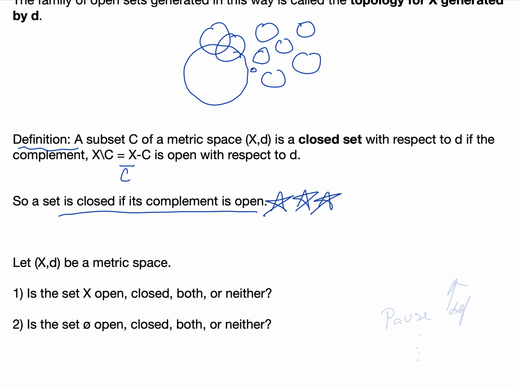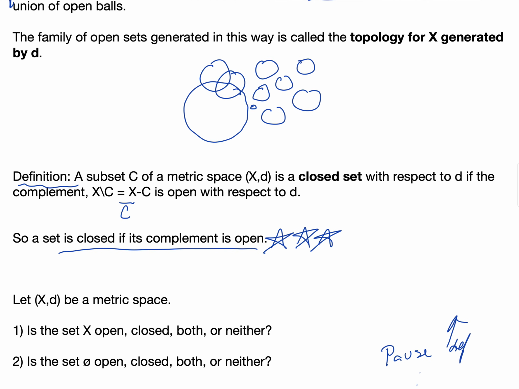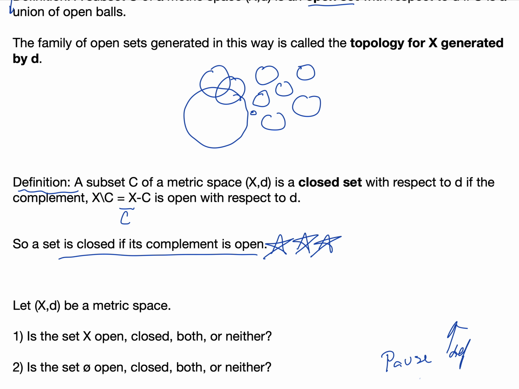And similarly, if we think about the empty set as a subset of any set, is the empty set open in this metric space, closed in this metric space, both, or neither? There are definitive answers to both of these questions. I'd encourage you to really think about this in terms of that definition for open and closed sets. So do pause, think about this for a moment, and then we'll talk about it together.